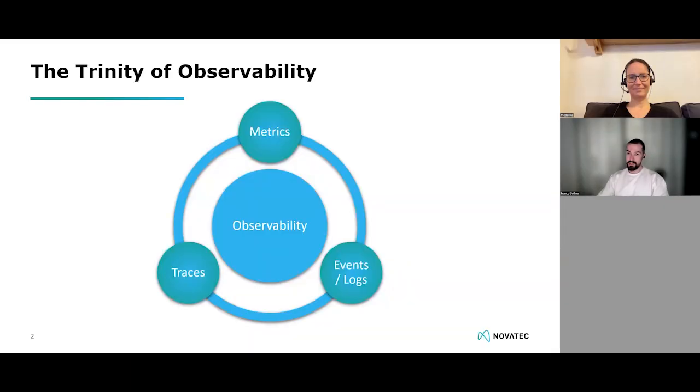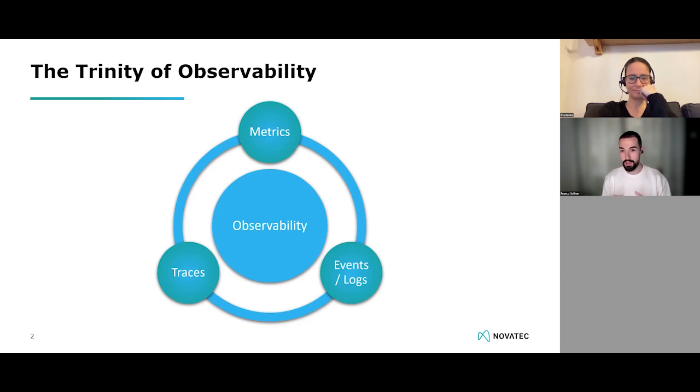Observability, as we interpret it, has three main pillars. We call that the Trinity of observability, because it is made of metrics, events and logs, and traces.